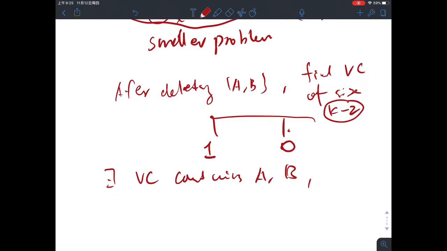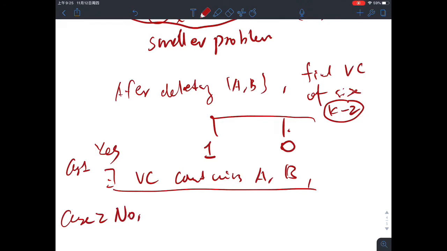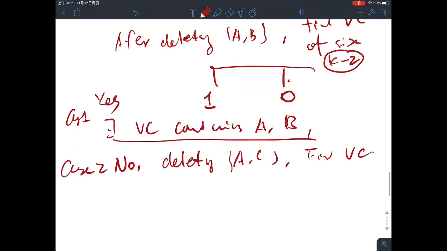Then I move to a different node and ask a different question. So how about deleting A and C? Can I find a vertex cover?